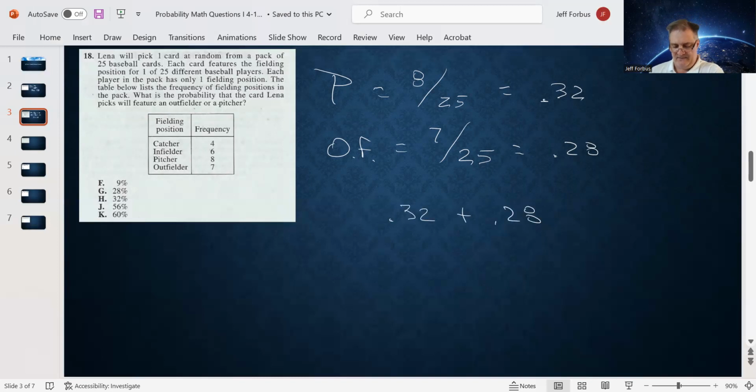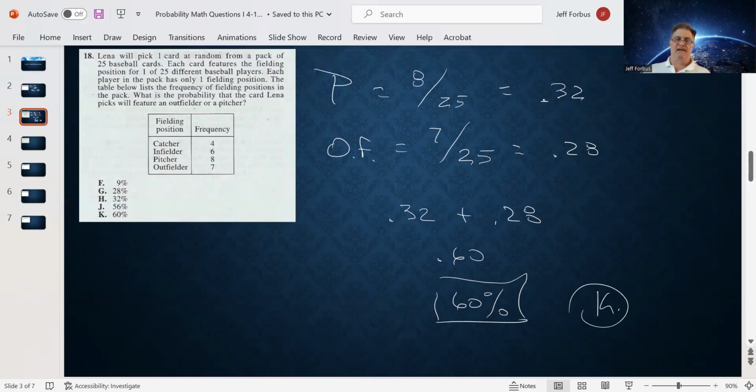And that's going to give us a total of 0.60. Convert that to percentage, 60%. You have a 60% chance of selecting one or the other. And that's going to be answer choice K. Again, the word "or," outfielder or pitcher, is indicative of adding. All right, next.